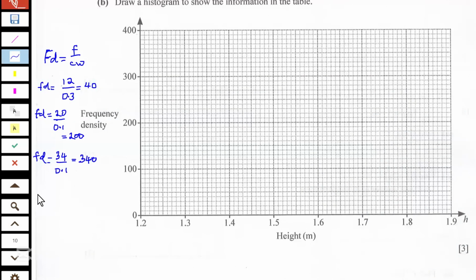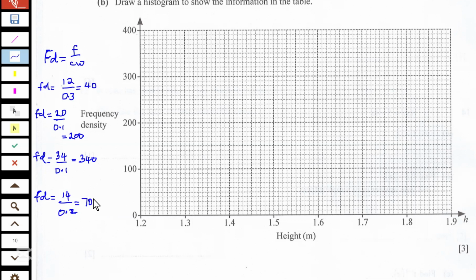And for the last class interval, the frequency density is the frequency, 14, over the class width, which is 0.2. 14 divided by 0.2 gives 70. So with these values of the frequency density and the class intervals, we can now go ahead and draw the histogram.